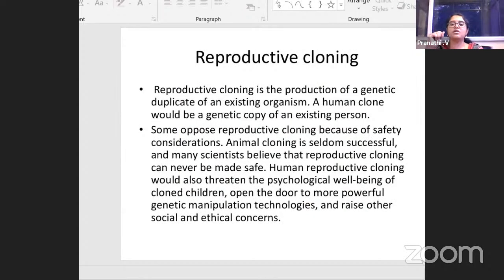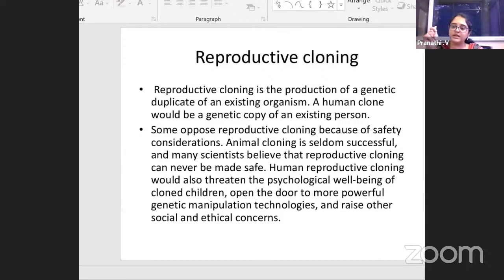of the existing cells. So now, a human clone is a person who has a complete set of DNA same as that of the donor. Twins are not clones. They have certain identical features, but there is a certain difference in the genetic makeup.